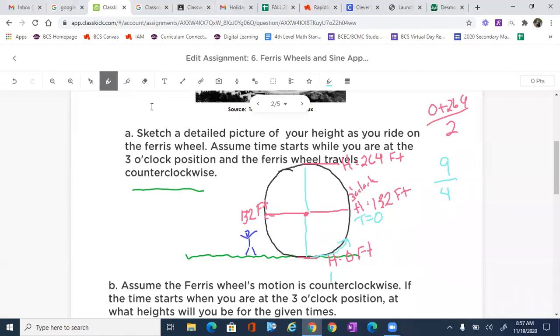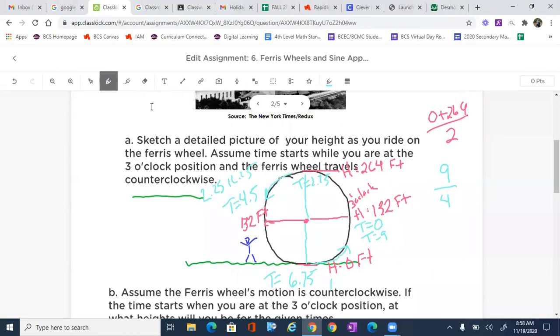So when I get to this point, t equals 2.25. Then when we travel down to here, t equals 4.5, because it's 2.25 plus 2.25. Then we go another 2.25, which is 6.75. Then we add another 2.25, and that brings us back to 9. Well, we've got a nice little graph there. We know our picture. Let's go to the next one.